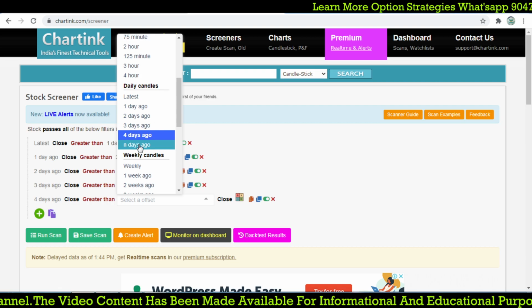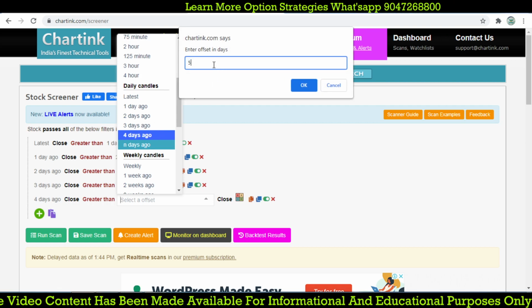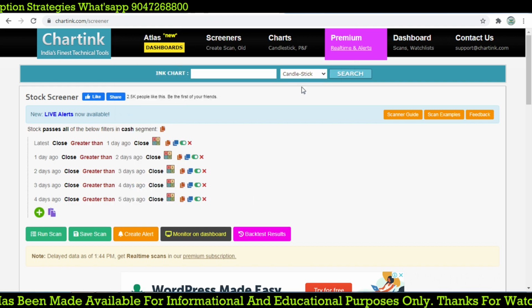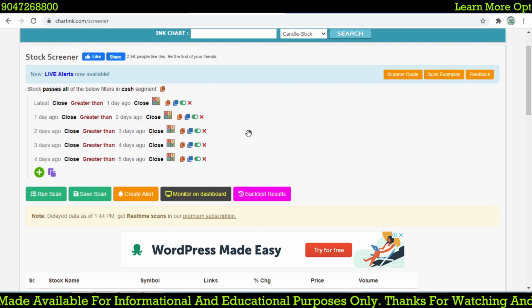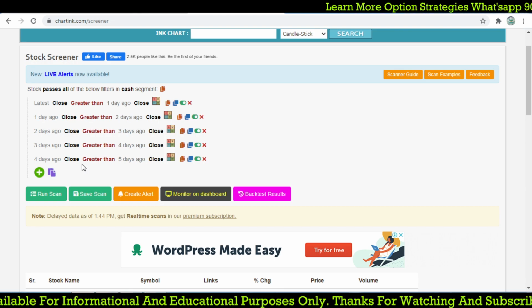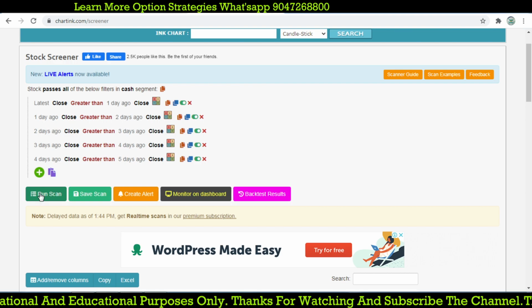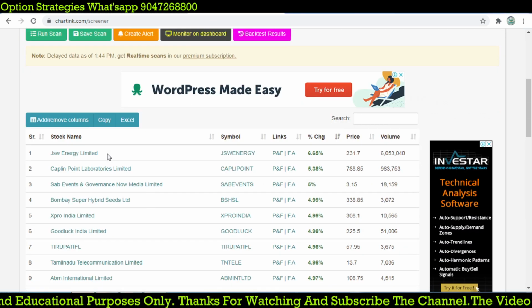Here we have 5 days, so you can add 5 days closing. Now I can filter out the stocks which are forming this kind of pattern, moving bullish and bullish and bullish.